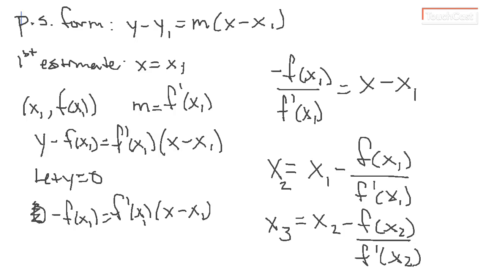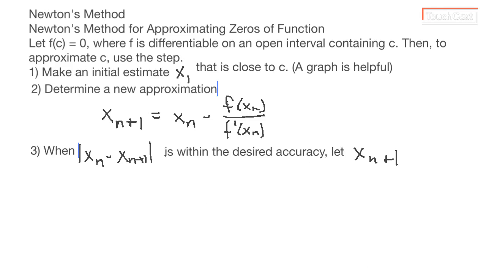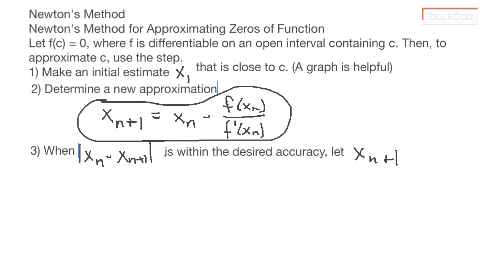If we were to generalize this, then we get that formula we looked at on the previous slide: xn plus 1 equals xn minus f of xn over the first derivative at xn. So Newton's method is nice because we can repeat this process to approximate an x value where the function crosses our x-axis.